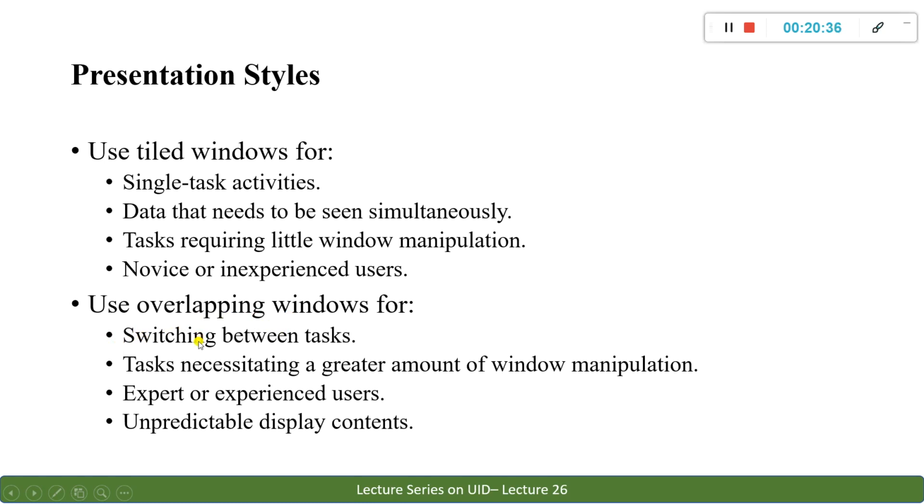If you are designing software wherein the user has to switch between tasks, like seeing one window, then the next window, then going to a third window, switching between the different windows, then you have to choose overlapping windows because it is easier to select. In a tiled window you cannot do that selection, everything is visible directly.